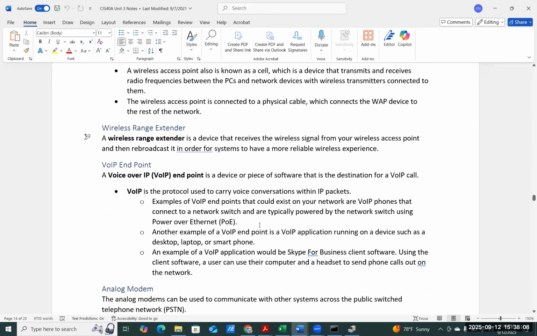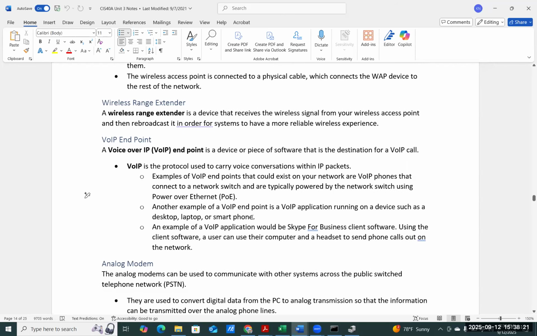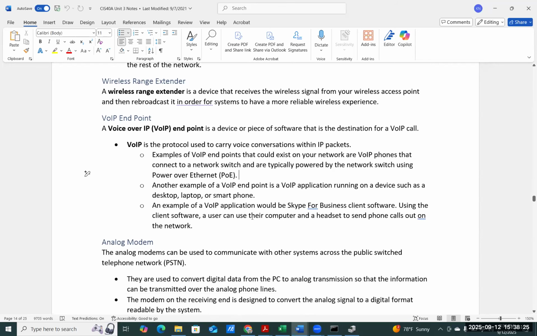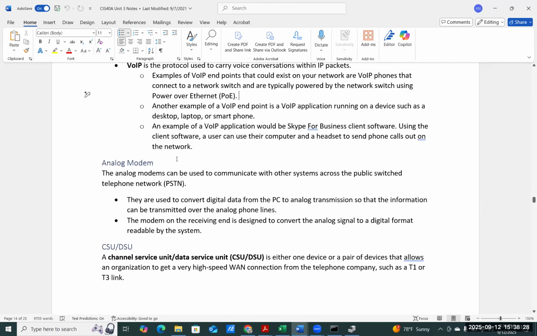Voice over IP is used for your phone connection, but it uses IP address and TCP to get your phone calls and your communication established. Analog modem, I think this is only used if you're using analog line, which is the old phone line.